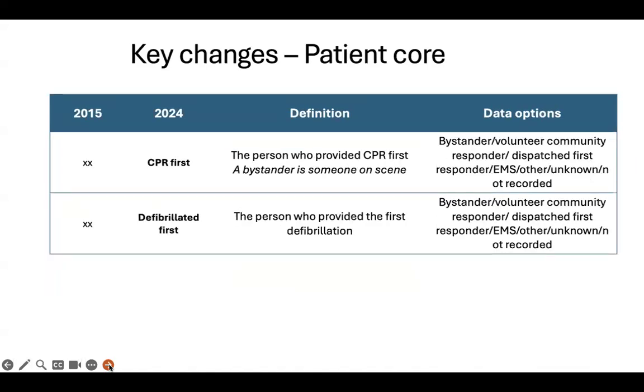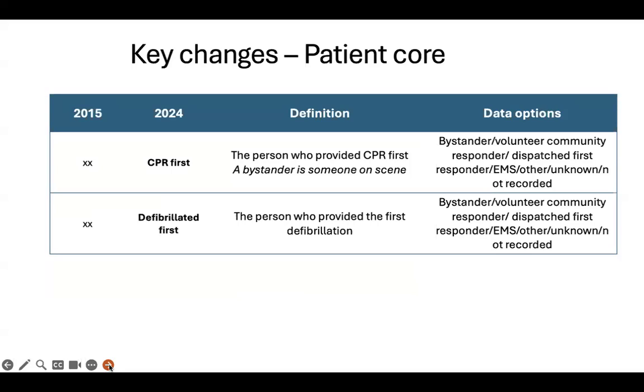There are two new variables here, which are CPR first and defibrillated first. This refers to who was the person who first provided CPR and who provided the first defibrillation. This was previously not captured in the 2015 template.